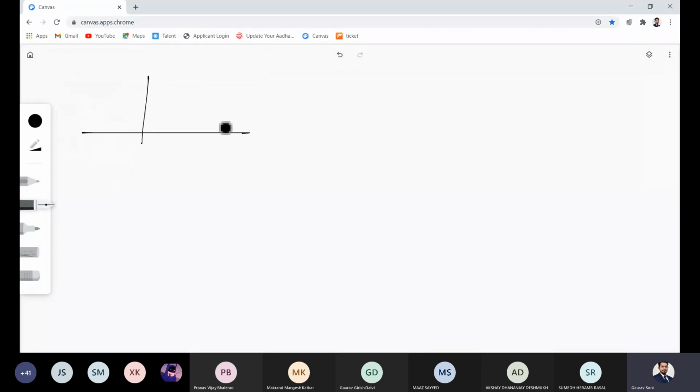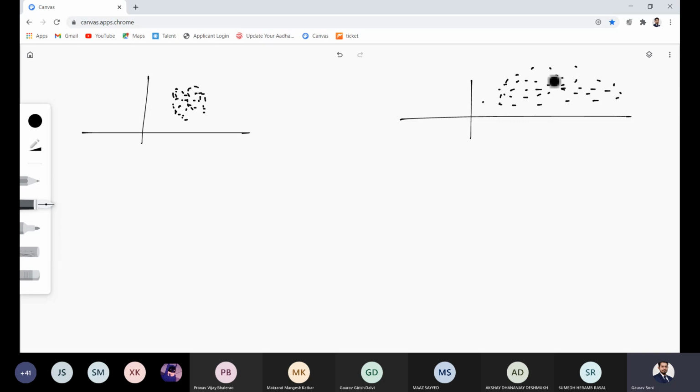So in the next diagram, I'll make a small diagram over here. Okay, this is one data, and the another data is like this. If you look at the two data, this is more concentrated, whereas this is dispersed. How do we look at it?